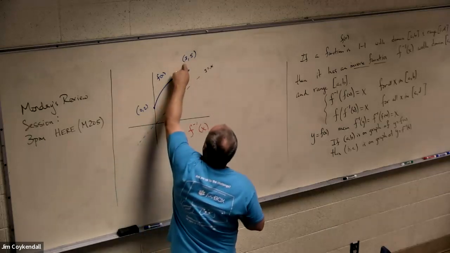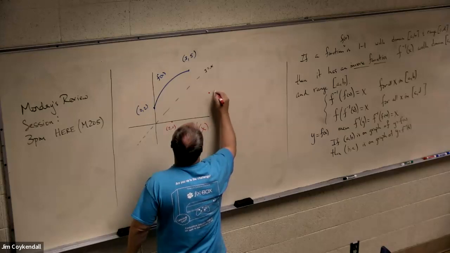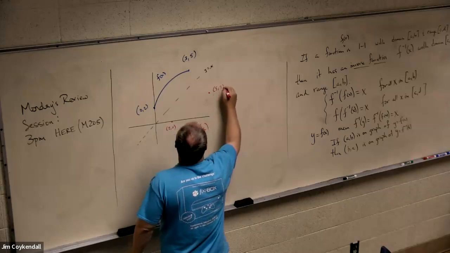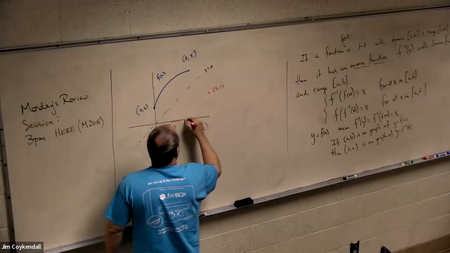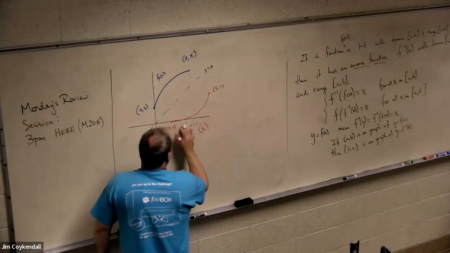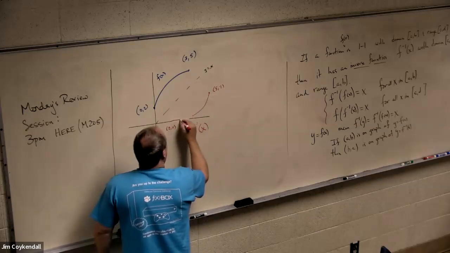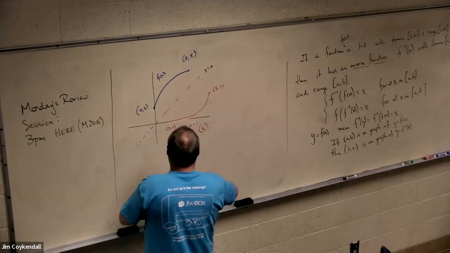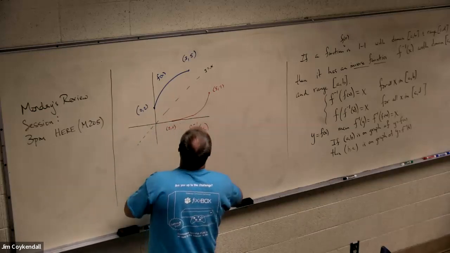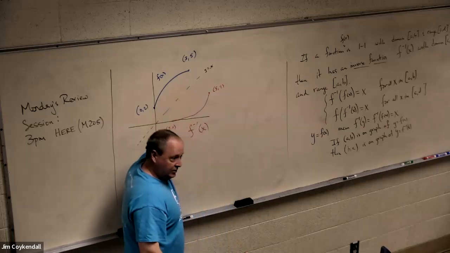Since you have 3, 5 here, you must have 5, 3 here. And for every point along the way, it's got a mirror image down here. Actually, I didn't draw this very well. The inverse should look something like this. So it's a reflection around the line y equals x.